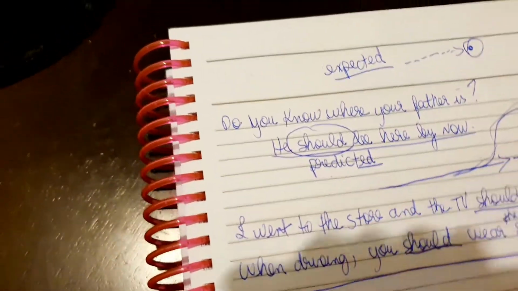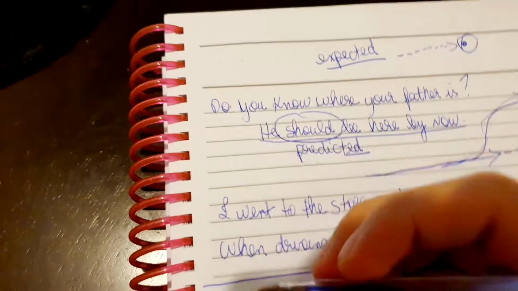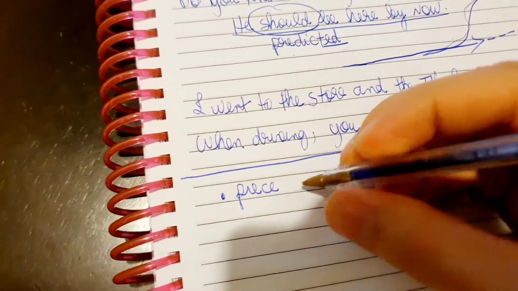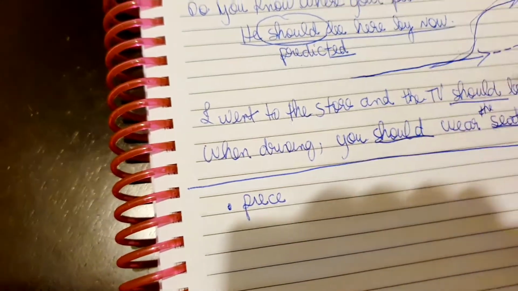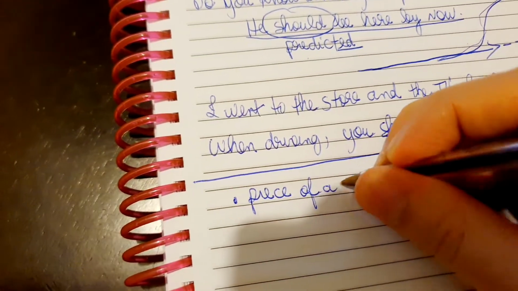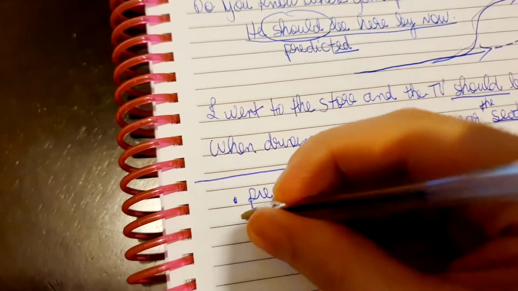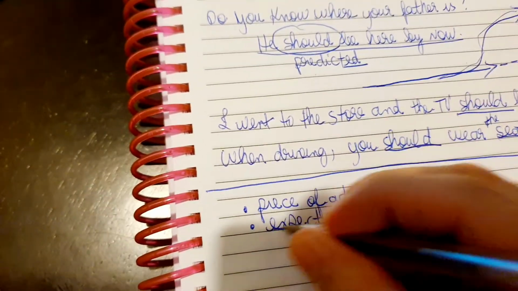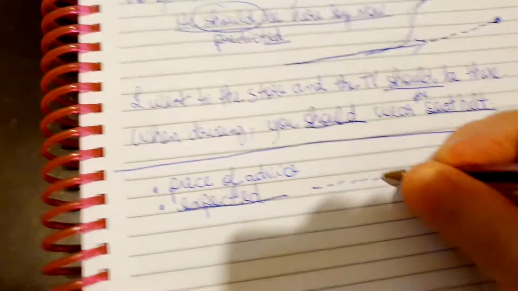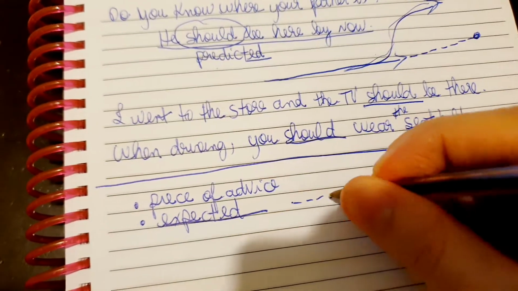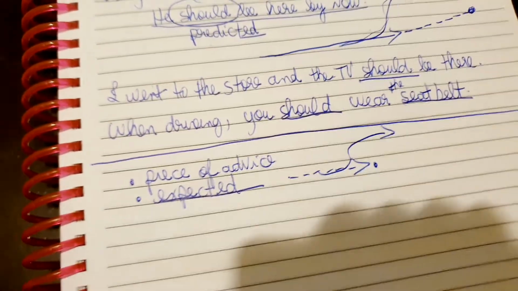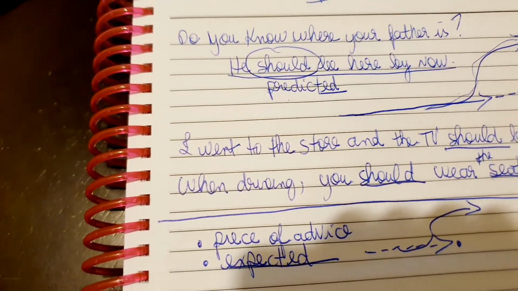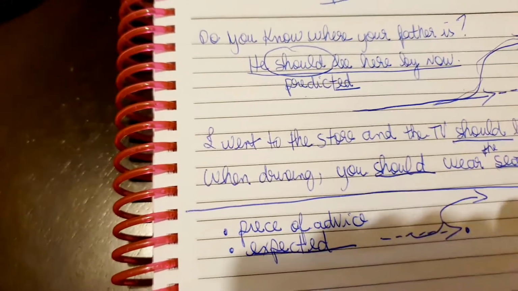We have seen that we use the verb should to express the idea when you want to give a piece of advice to someone, or when something was expected to happen, right? You had a course of action, then something else happened and deviated from the planned course of action.